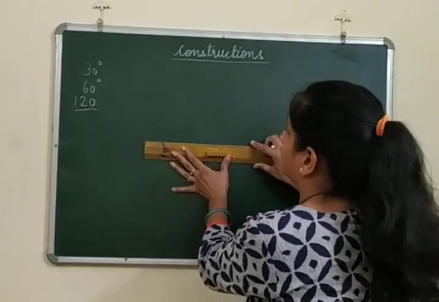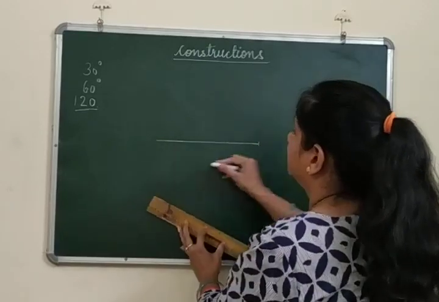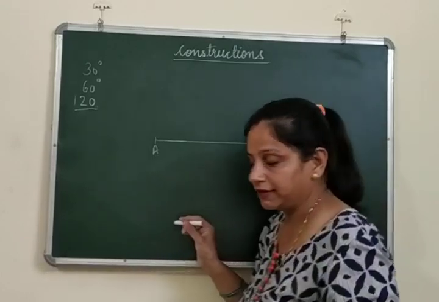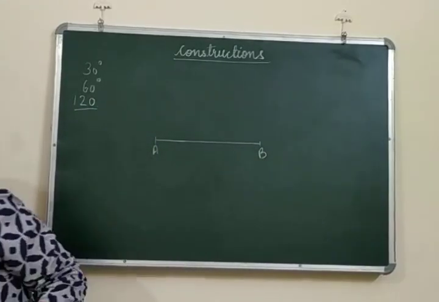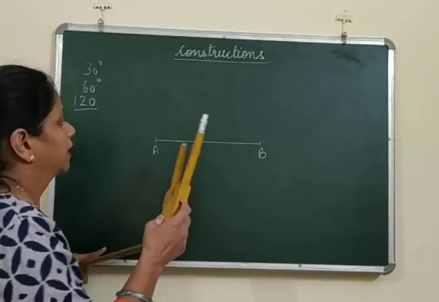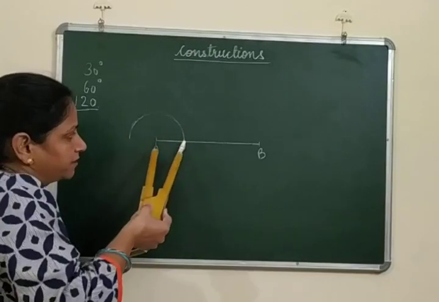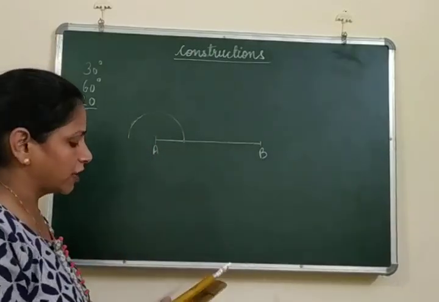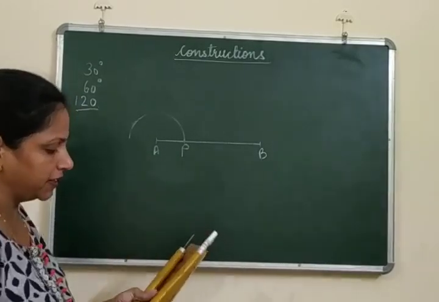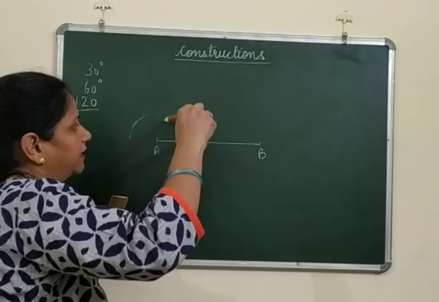Same way, first of all, we draw a line of any length and name that line A and B. Then again we take our compass, open any radius, put it on A and make an arc like this. The point that you have got, name it P. From point P with the same radius, keep it on P and cut an arc.